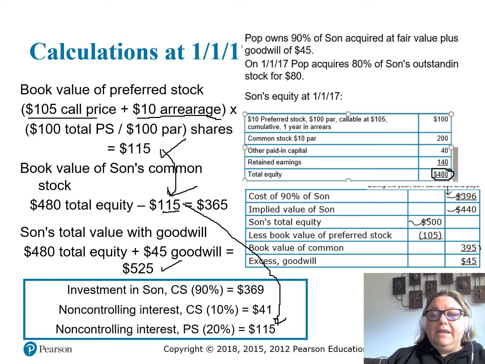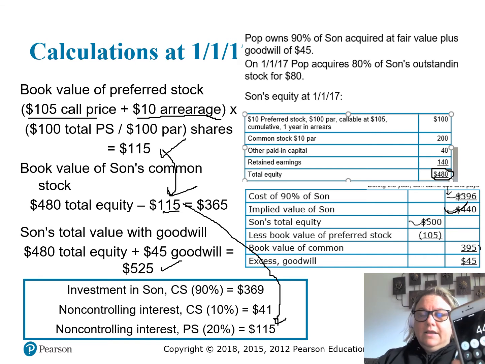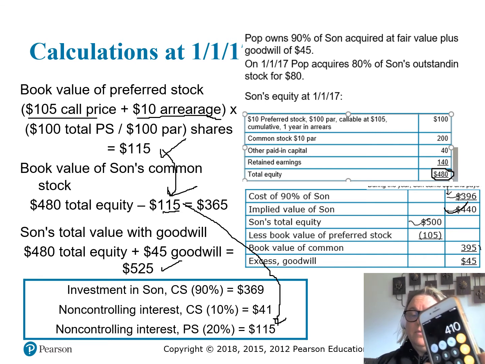Now, we may not remember doing dividends because it's been a minute, but we actually paid dividends. So we had 440 to begin with in our implied value. Remember, way back when. Some of this stuff way back when is hard to track. And then we paid dividends of 30 way back when we were doing all those lines and breaking them down. All right, so then we take the 90% value of that.